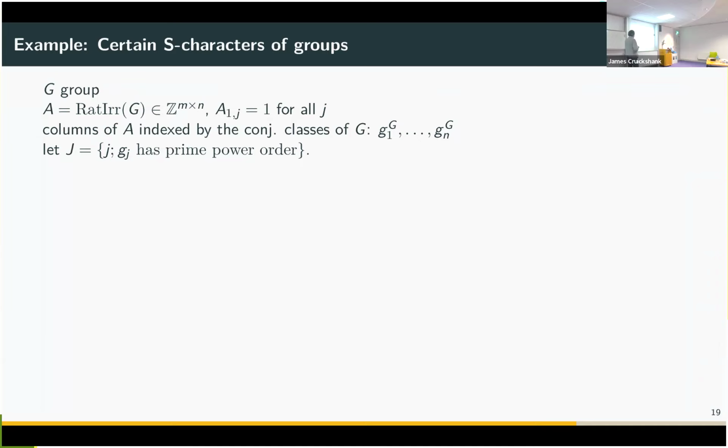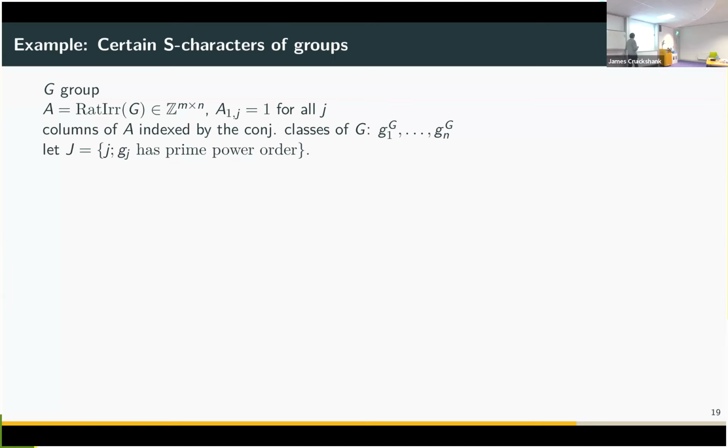Then one more example, of what one can do beyond groups, but starting from groups. Suppose we have a group G, and then we have a matrix of integers, which are the rational irreducible characters of G. We need not know what this is, just that if we have a group, we can compute that.